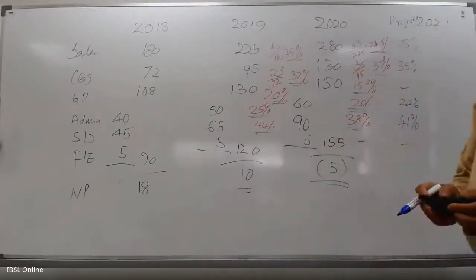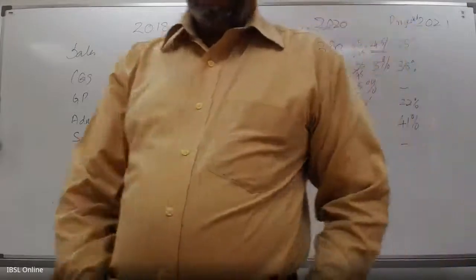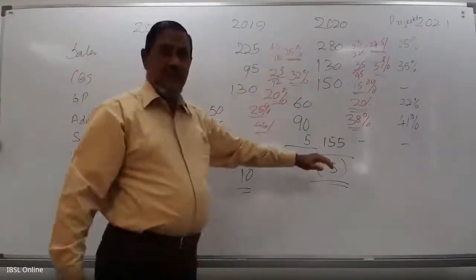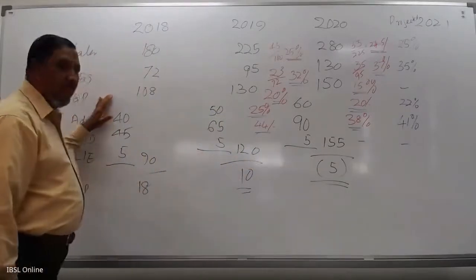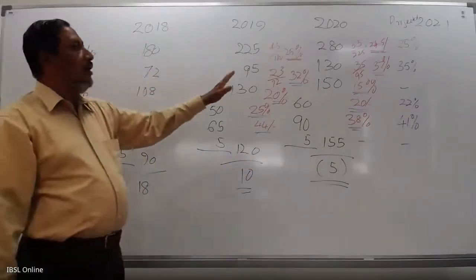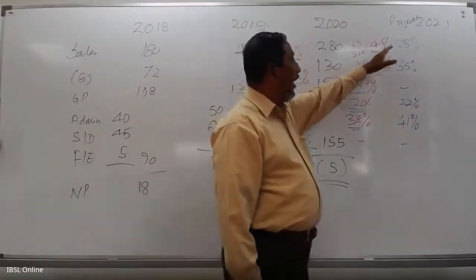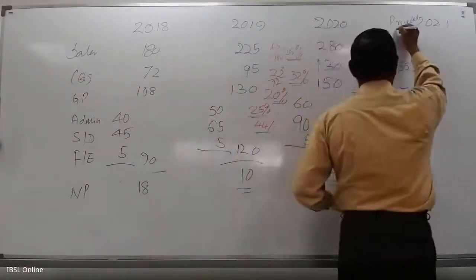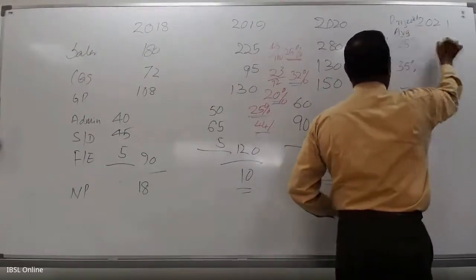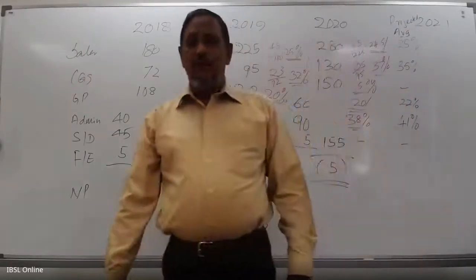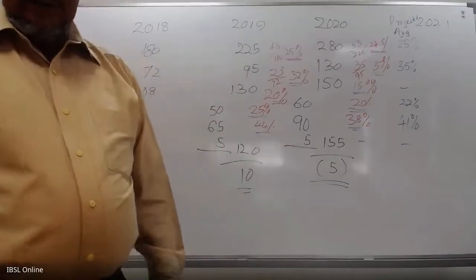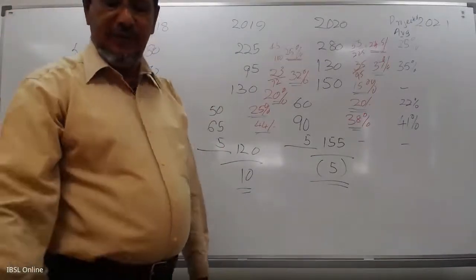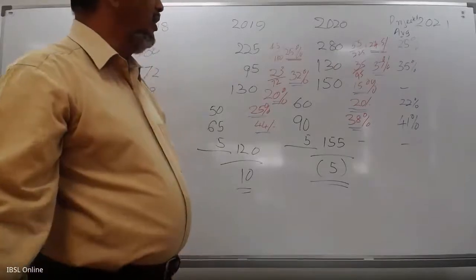Right? Now, what I did here, we have worked out the growth rates for each item and then had the average growth rate, the projected average growth rate. Now we work out the projected figure for 2021.